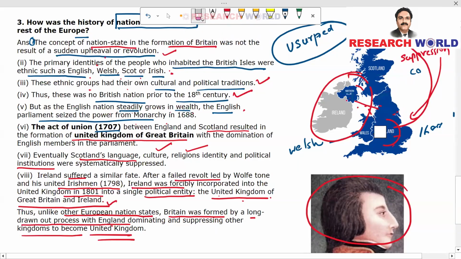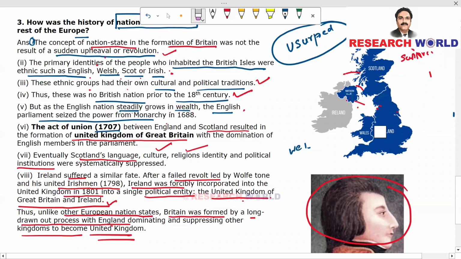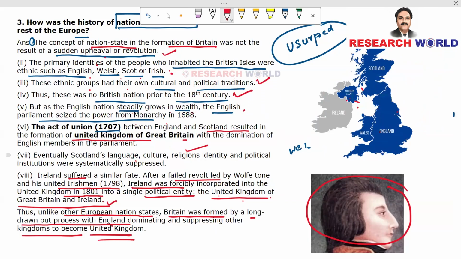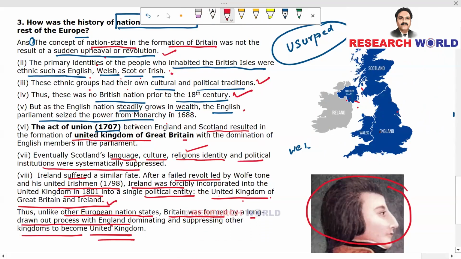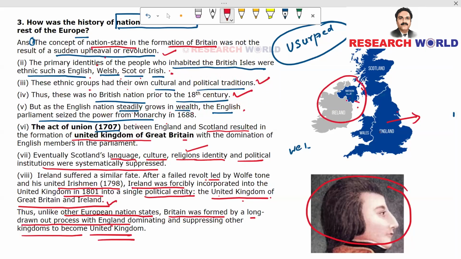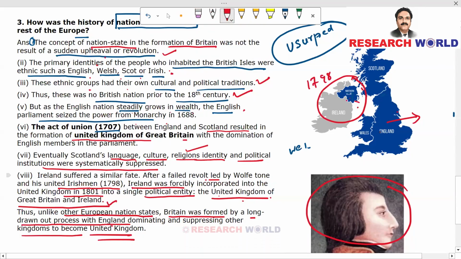However, the domination was for the English members. Okay, so they formed a parliament. However, it was dominated by English members. And then what happened? Eventually, Scotland's language, culture, religious identity, and political institutions were systematically suppressed by the English. Ireland, later on, after another 100 years, in 1798, there was a war.